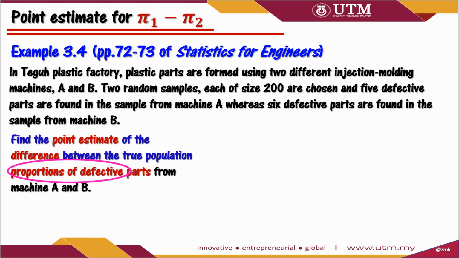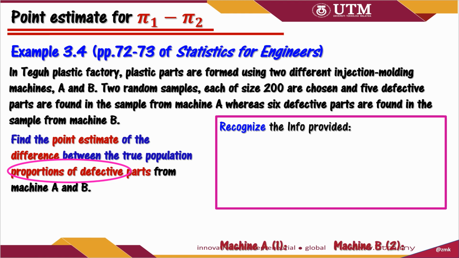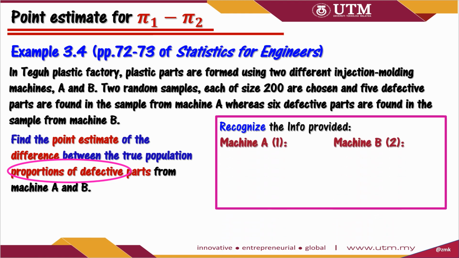Before answering the question, as usual, identify the information given in the question and write the information using the correct notation. Suppose we denote machine A as 1 and machine B as 2. Now, looking at the information in the question, each of the sample sizes is 200. This value 200 refers to n1 and n2.